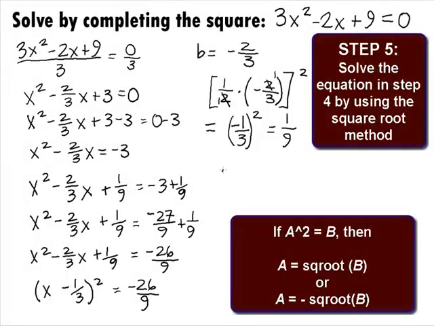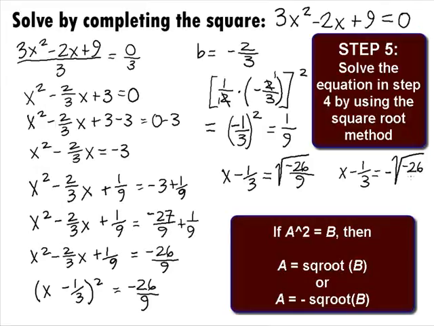Applying the square root method, we get our two equations, x minus 1 over 3 equals the square root of a negative 26 over 9, or x minus 1 over 3 equals a negative square root of a negative 26 over 9.